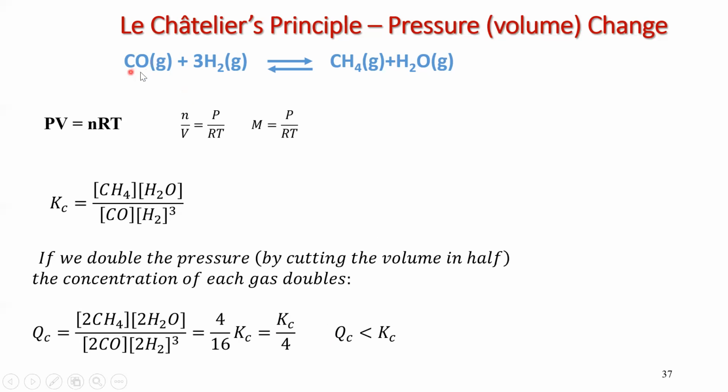But because this is not a 1-to-1-to-1-to-1 ratio, we decreased Q. Since the system's no longer at equilibrium, it's going to spontaneously get back to equilibrium by increasing Q. Well, to increase Q, we're going to have to increase product and decrease reactant. So the system's going to have to shift towards the right. And equilibrium will be reestablished.